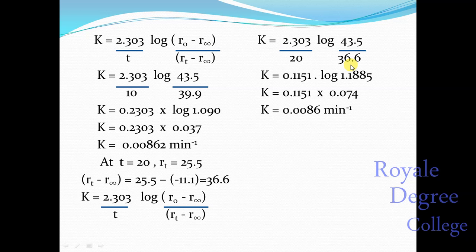Just now we got that, 36.6, isn't it? Now we are dividing this, 2.303 by 20, you will get the value as 0.1151 into log. We are dividing this value, so we will get 1.1885. So the log of 1.1885 is 0.074. Now we are multiplying these both values. We are getting the value of k again as 0.0086 per minute.